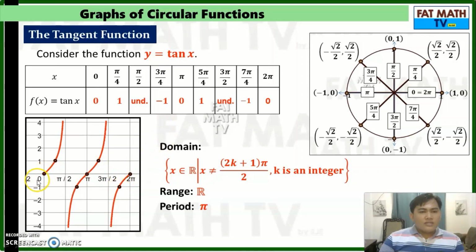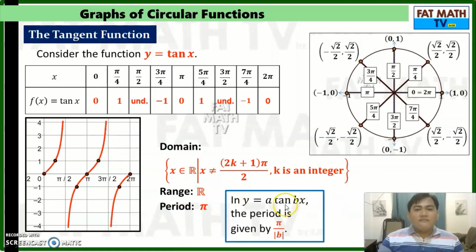And then if you have more, it's like this. So one cycle is just this one. From pi over 2 to 3 pi over 2, if you subtract that, you'll have pi. So every pi units, you will have this kind of graph. So it's one cycle of the graph of the tangent function. So the period is pi.